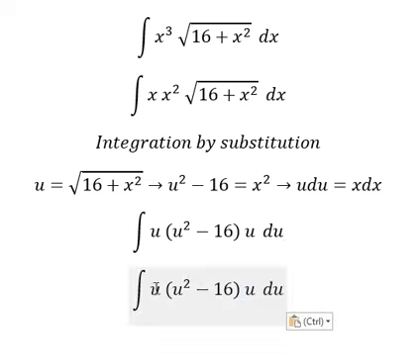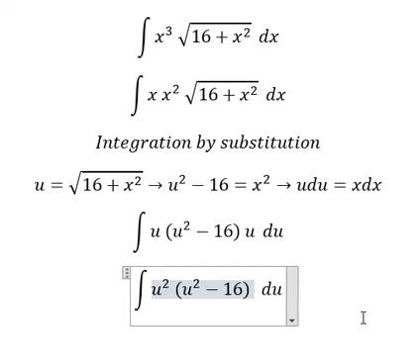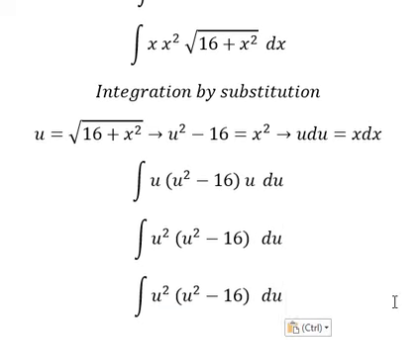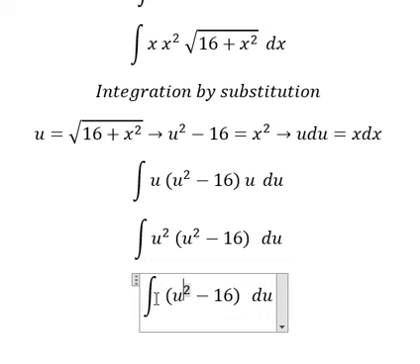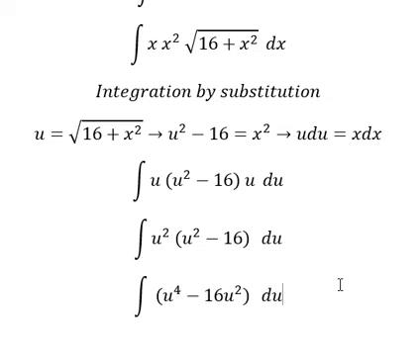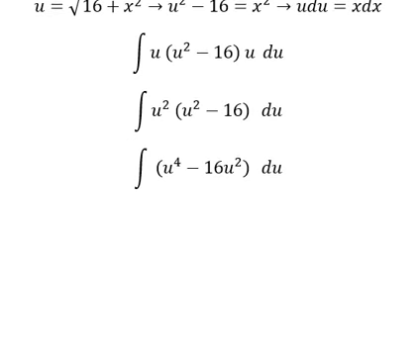So u and u, we have u square. So u square multiplied by u square and number 16. Now we have the formula in here.